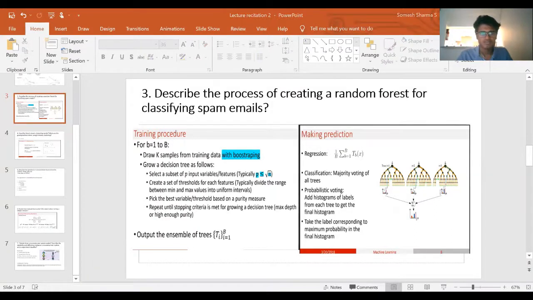The question is: describe the process of creating a random forest for classifying spam emails. Before that, the random forest classifier. Like its name implies, a random forest consists of a large number of individual decision trees that operate as an ensemble.